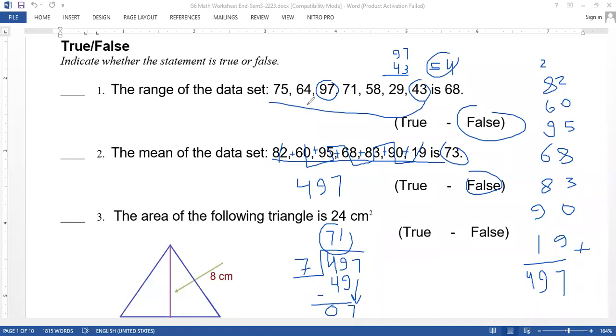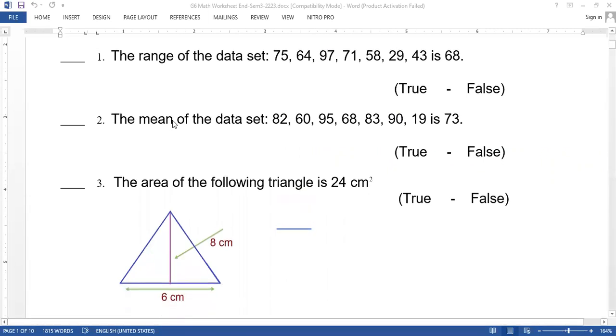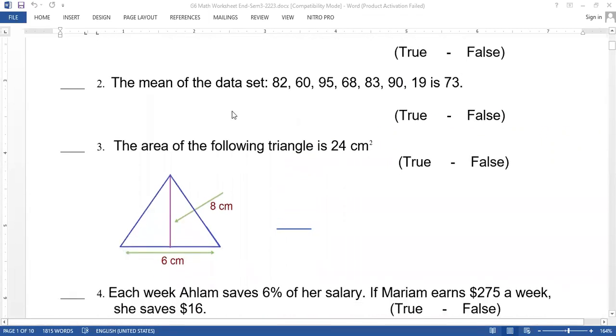Question number 3. The area of the following triangle is 24. Is it true or false? Now, to find the area of a triangle, don't forget to multiply the base by the height and then divide by 2. The base is 6 and the height is 8.